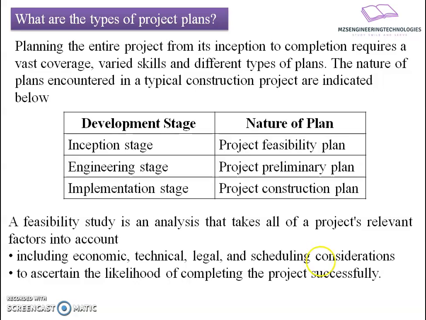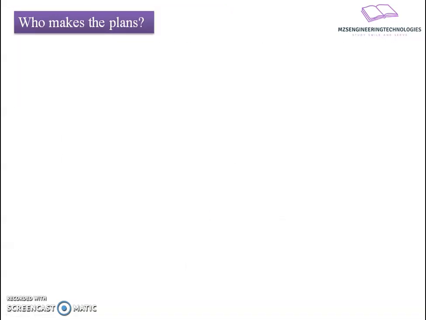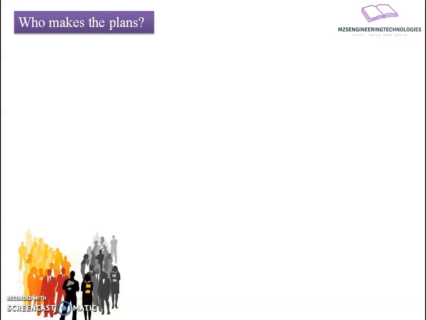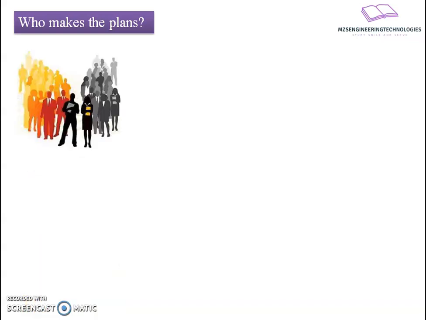Okay, before talking about engineering stages or implementation stage, let us talk about who makes the plan. It is a very simple question, and the answer is: everyone, everybody must plan. Every person who is involved in the construction procedure should plan himself, should plan his task, should plan his own schedule.